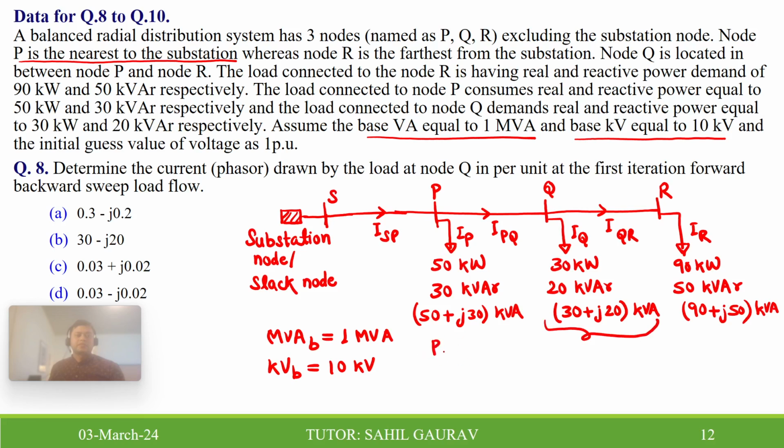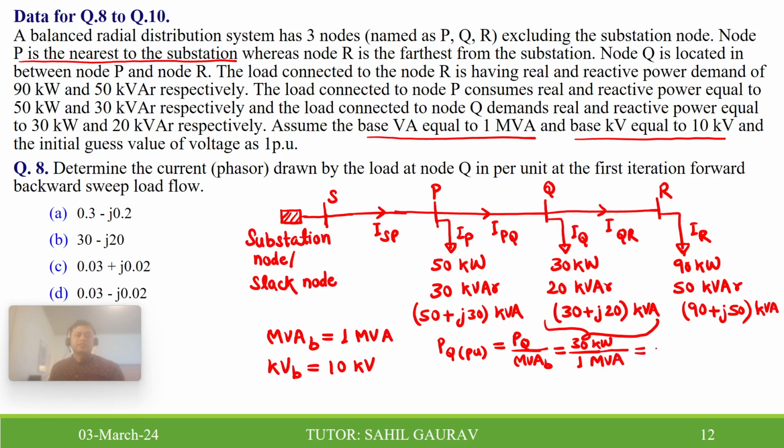So PQ per unit is PQ divided by MVA base. PQ is 30 kilowatt and MVA base is 1 MVA.